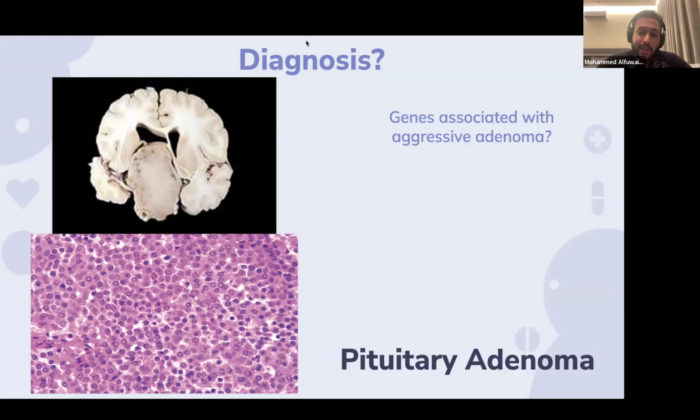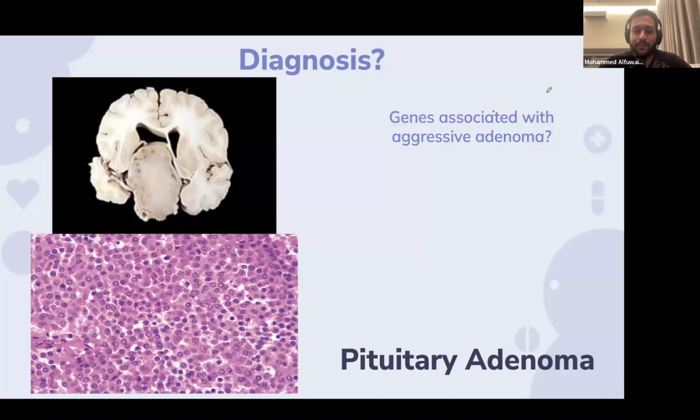Now, there are certain genes that are associated with an aggressive form of adenoma. What are those genes? List them out for me. BRAF, okay. Cyclin D1, okay. Just one more.